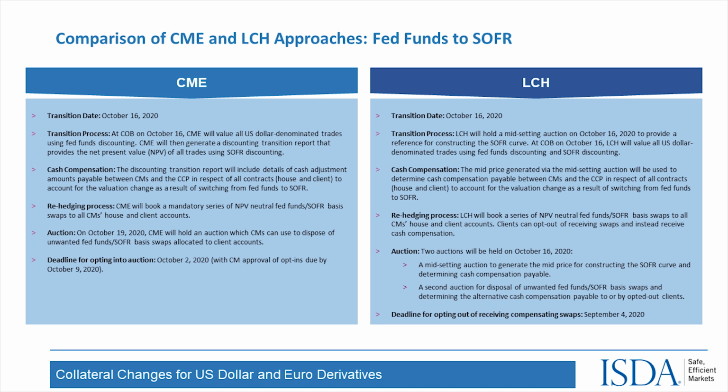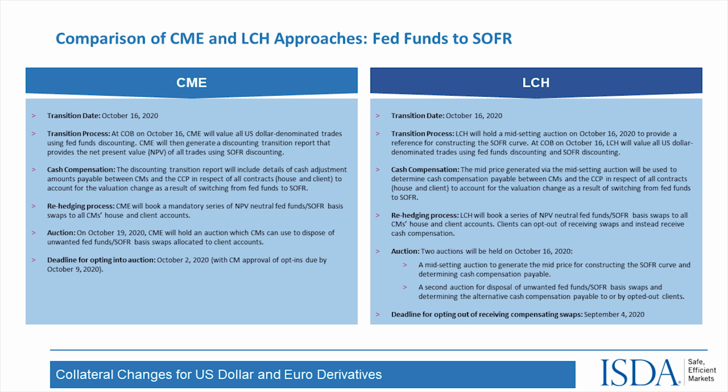And so for them, the swaps actually don't represent a rehedging of that risk. It's just an additional swap that they will receive. So for them at CME, on the 19th of October, there will be an auction, and clearing members will have the option to dispose of unwanted basis swaps on behalf of their clients.